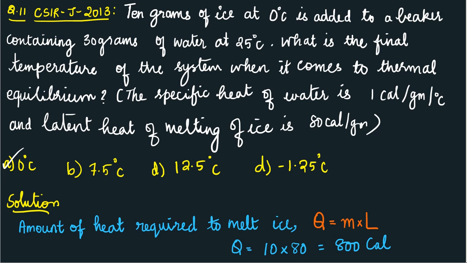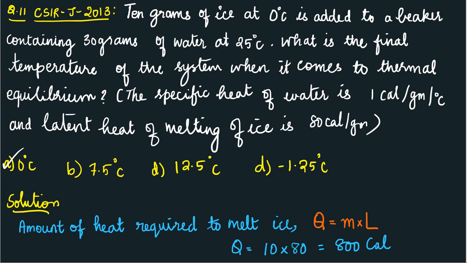So you have two materials, one is the ice and another is the water. When you mix them both, you have to find the final temperature of the system when it comes to thermal equilibrium. The specific heat and the latent heat are also given in the question. You have to think how to approach this question.